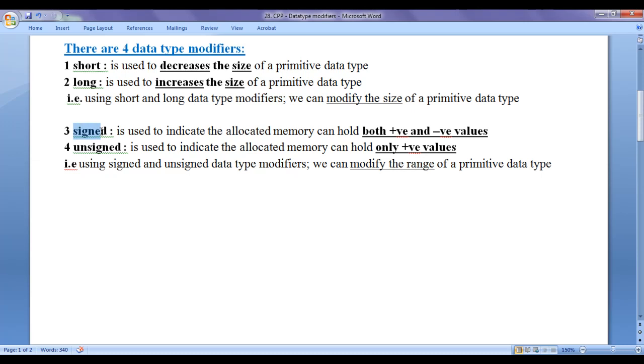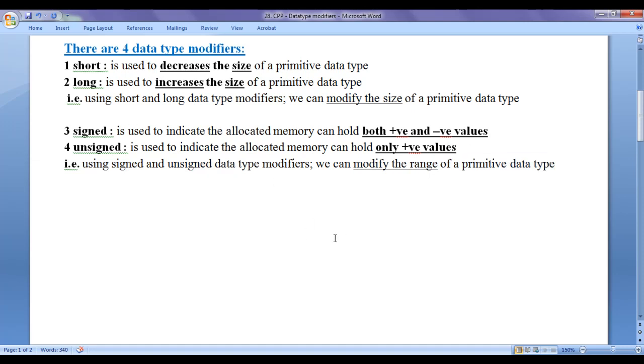That is, using signed and unsigned data type modifiers, we can modify the range of a primitive data type, guys.